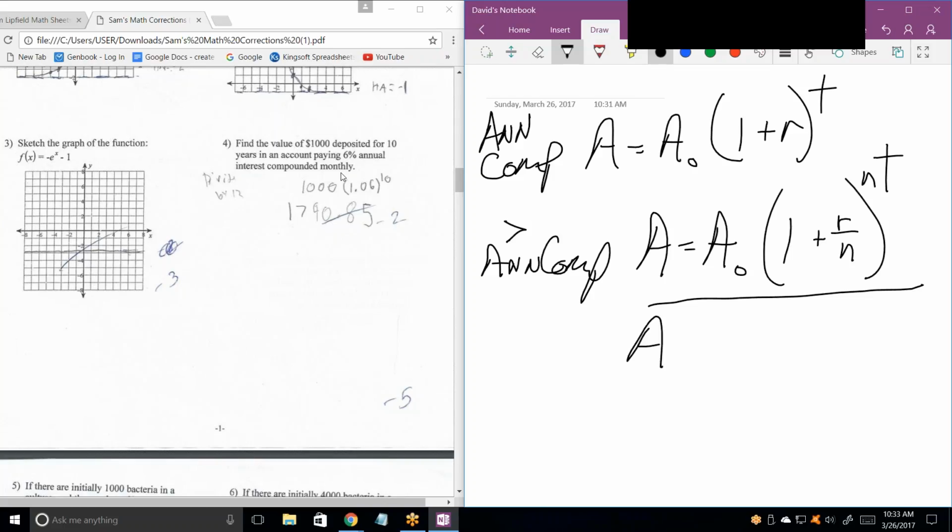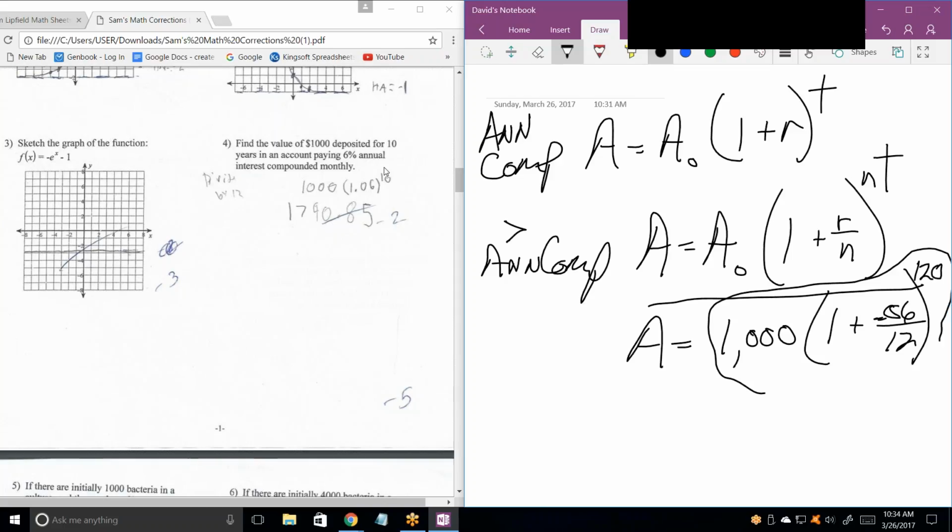So the A is going to be your starting amount times 1 plus, the interest rate is 0.06, but I got to divide it by 12, and I got to multiply it by 12 times 10. So the exponent becomes that. So that is what you want to put into your calculator to come up with the answer.